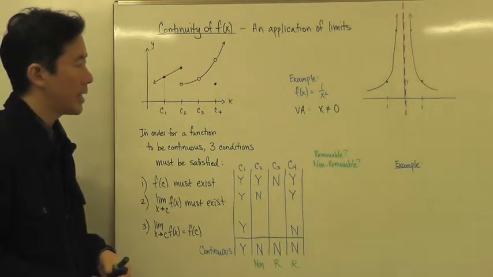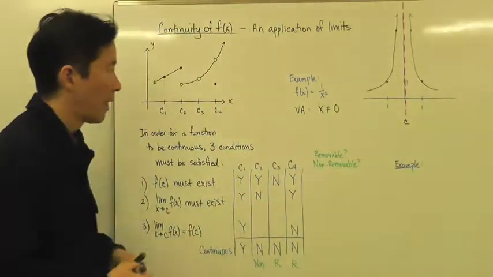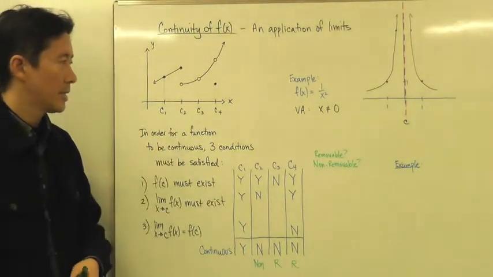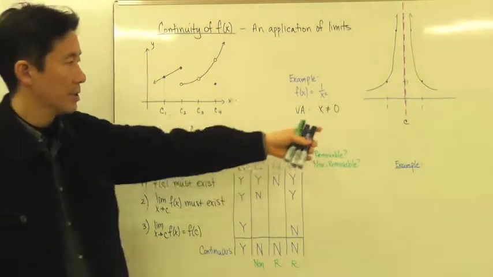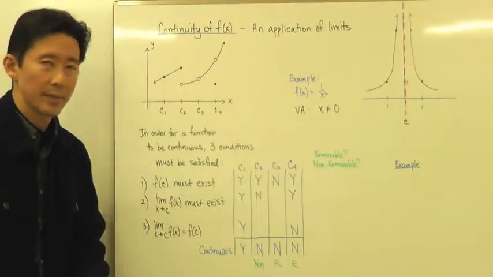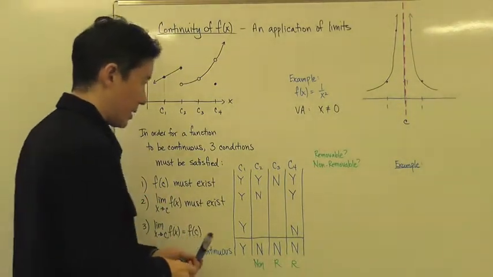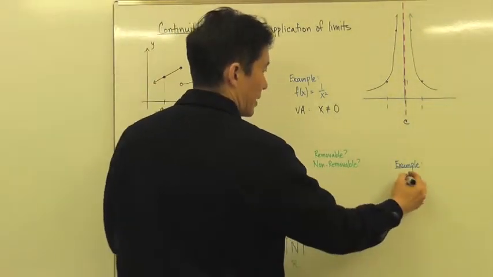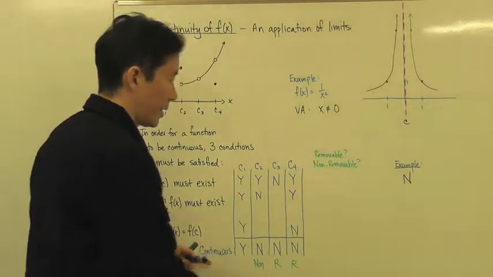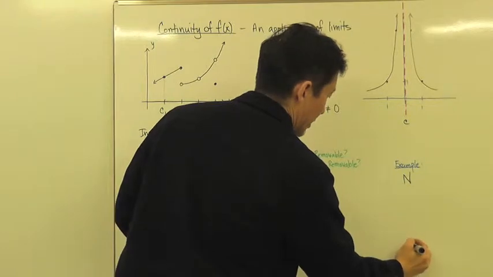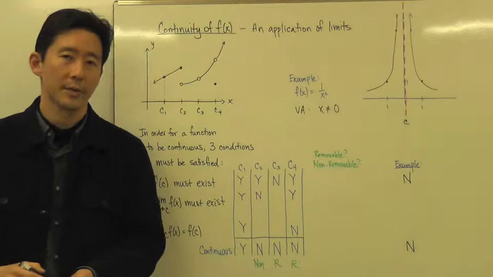If I consider this to be our c value, which is 0, let's determine whether that is a point of discontinuity or not. Is the function continuous at x equal to c? Does the limit exist? Of course, the answer for this example is no, and therefore it is not continuous at that point, which is of course what a vertical asymptote is.